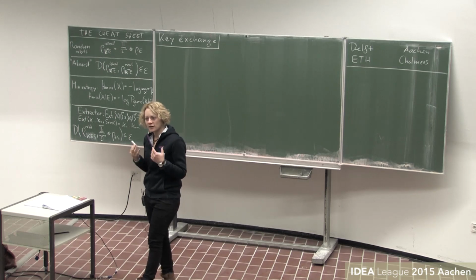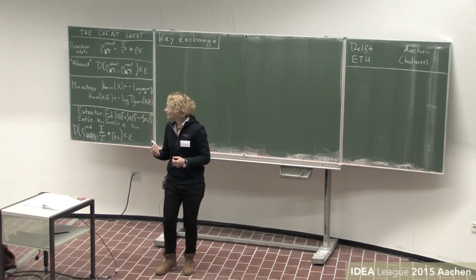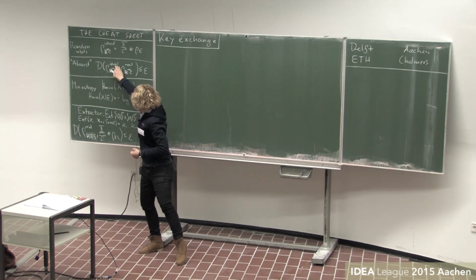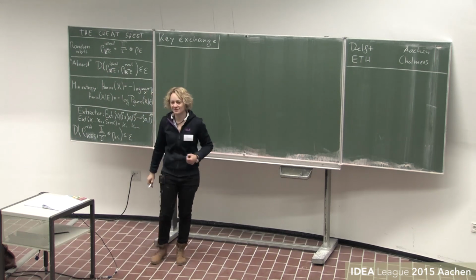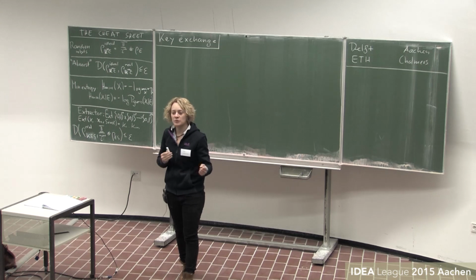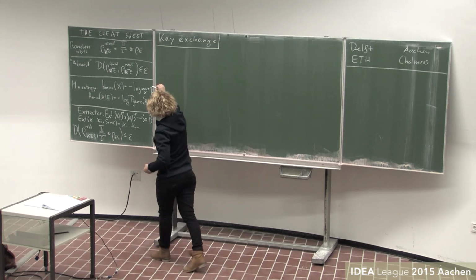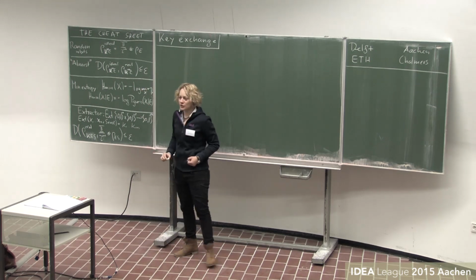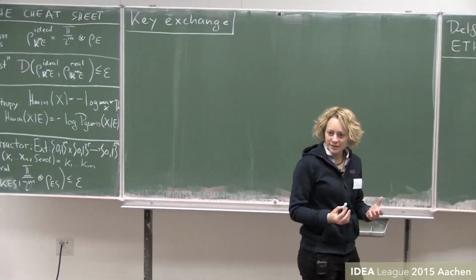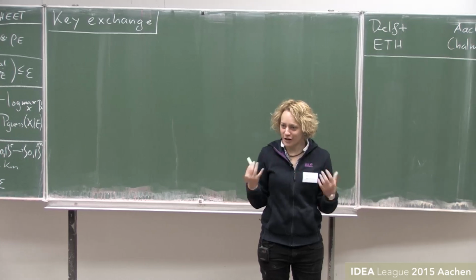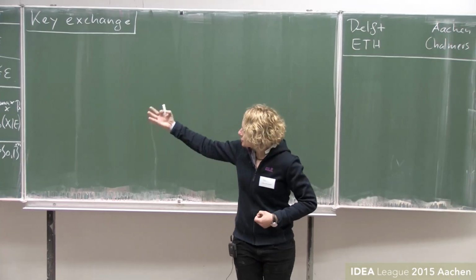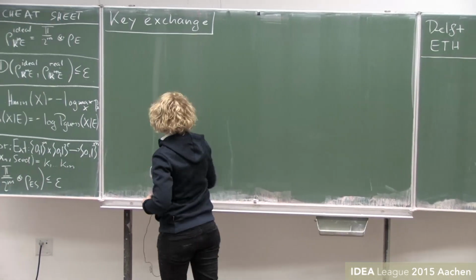If this protocol or algorithm would behave very differently, depending on whether I give it the ideal or the real state, then I could tell the difference between ideal and real. That cannot be if the trace distance is very close. So this is why the trace distance is very important, because it has this operational meaning of giving essentially the same behavior if I'm close in the trace distance.